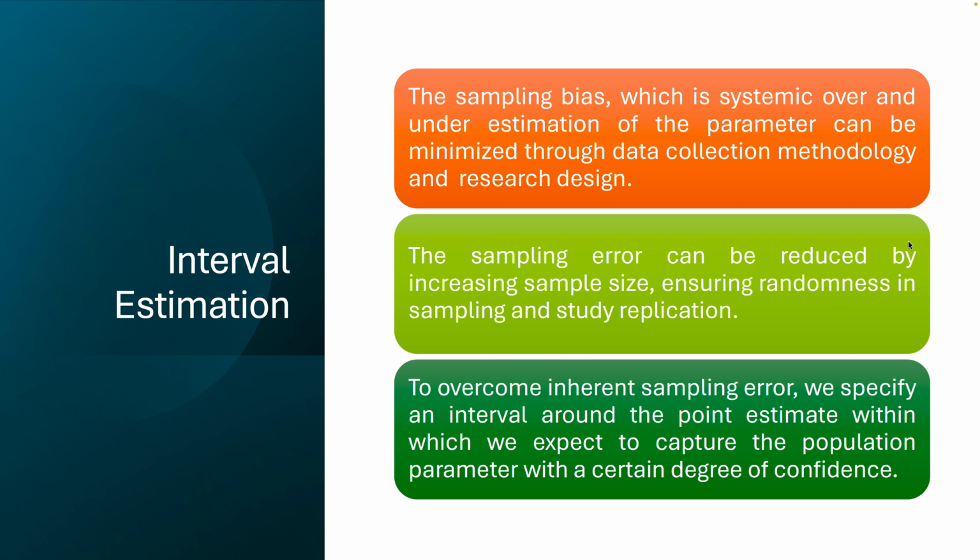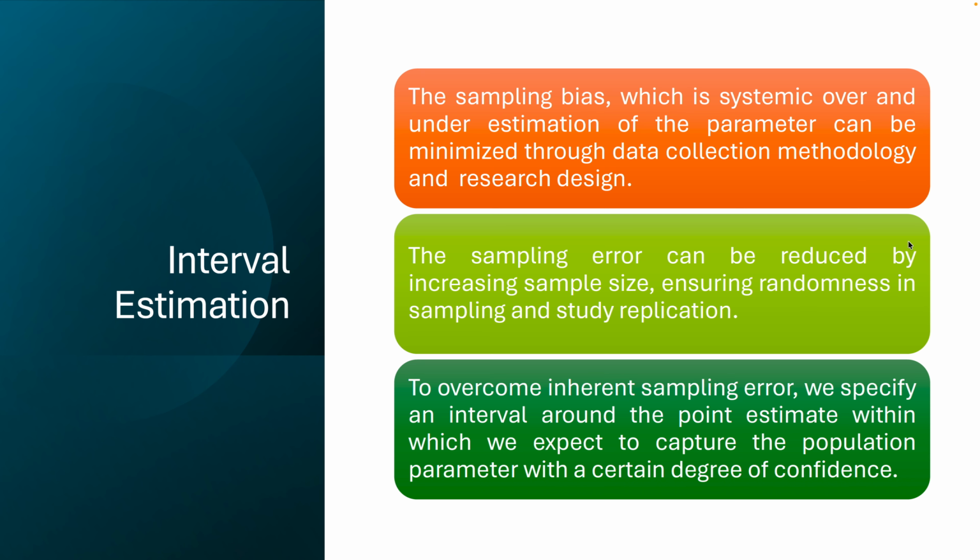The other part of the error in the estimate comes from the sampling error. Now, the sampling error is the inherent error in the sampling process because of the involvement of randomness in the process. We can reduce this sampling error by increasing the sample size. We can reduce the sampling error to 0 by increasing the sample size to the size of the population.